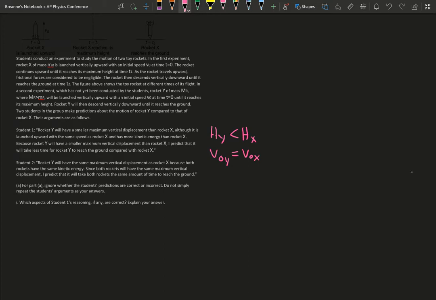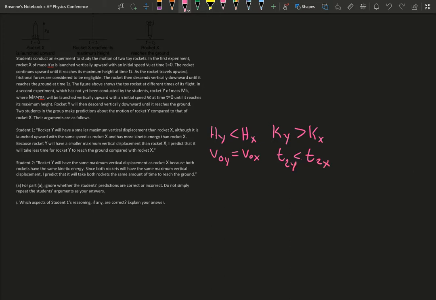And has more kinetic energy than rocket X. So now they're saying that the kinetic energy of Y is going to be greater than the kinetic energy of X. Because rocket Y will have a smaller maximum vertical displacement than rocket X, I predict that it will take less time for rocket Y to reach the ground compared to rocket X. So now they're saying that the time t2 is going to be less for rocket Y compared to rocket X.